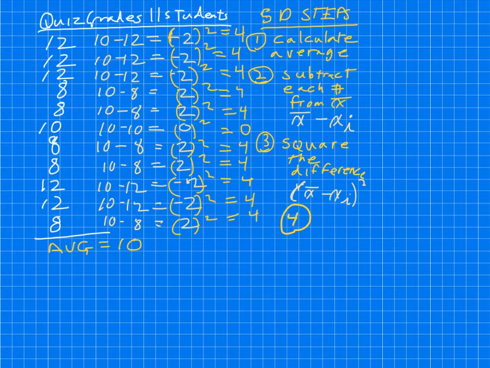Now step 4: sum the differences. So I'm going to take 4 and add it to 4, add it to 4, add it to 4, add it to 4, add it to 0, add it to 4, and so on, adding them all up, and we get a sum of 40.